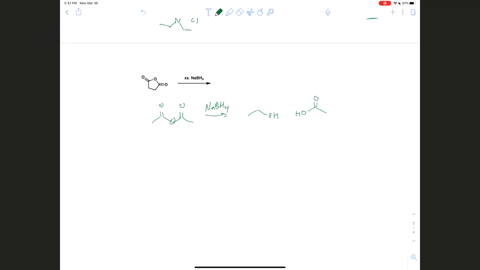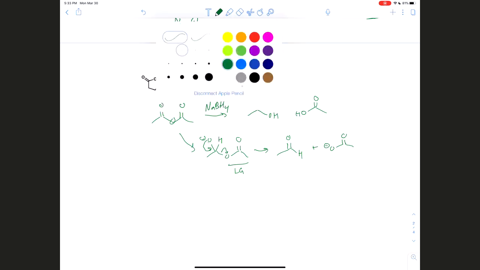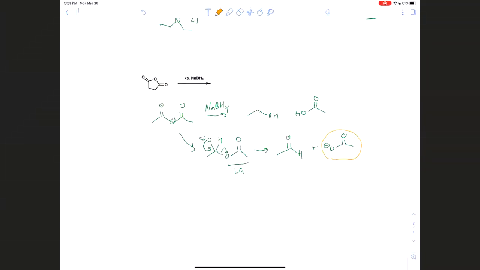This is because after the first addition, we make a tetrahedral intermediate. We have our good leaving group. The tetrahedral intermediate collapses. This gives us an aldehyde plus a carboxylate salt. So this carboxylate salt cannot be reduced any further, and it kind of stops here.